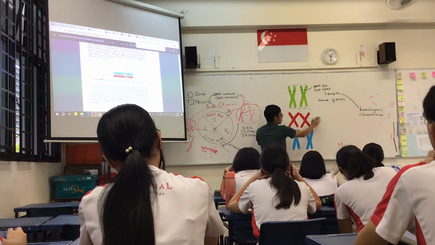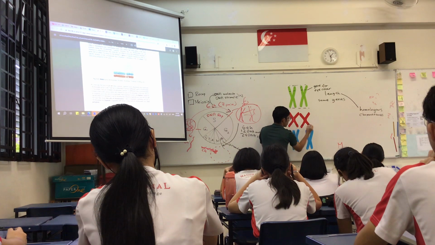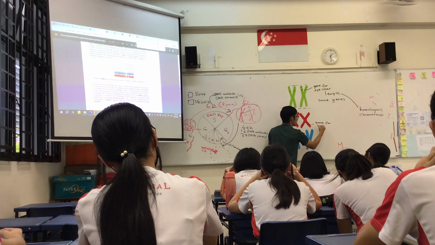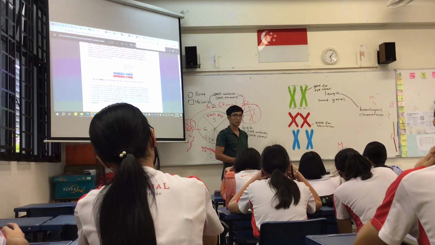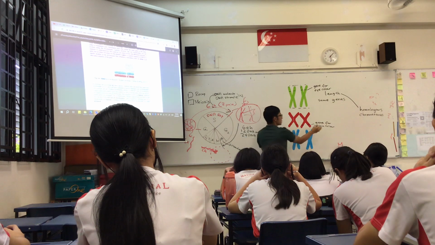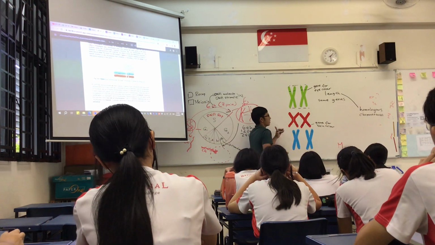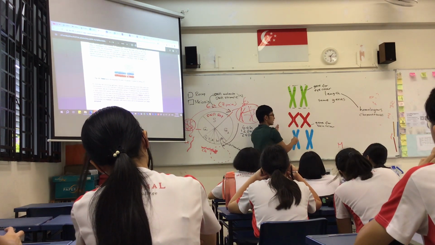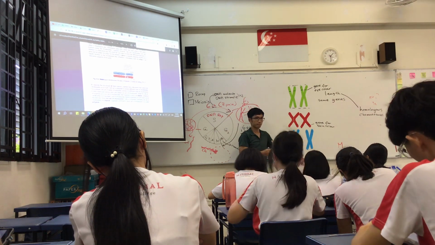Maybe if we look at another chromosome, we may find at this point over here, we have the gene for maybe skin color. What you won't find is this gene. What makes the homologous chromosomes the same pair is if they share the same length and the same kinds of genes present.